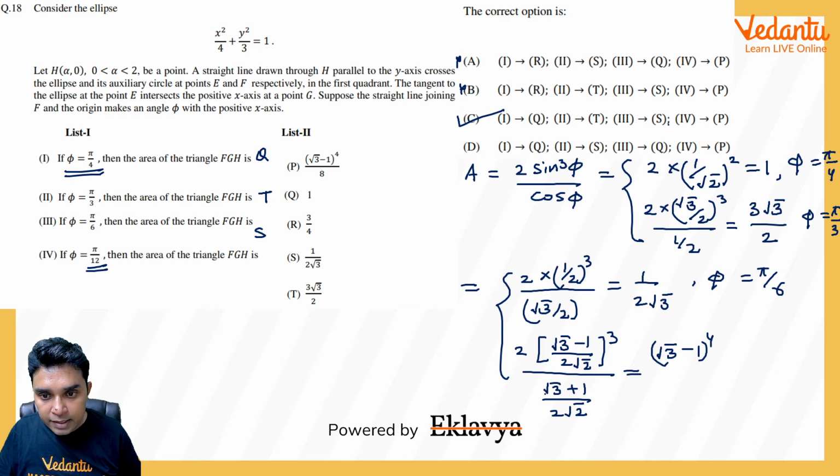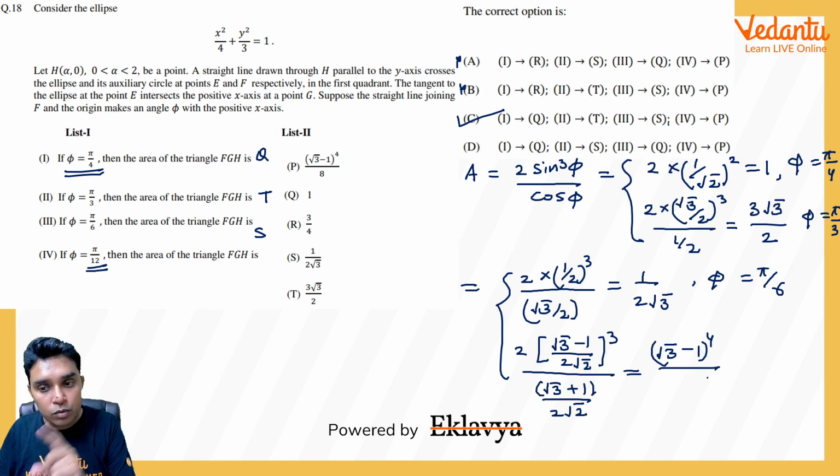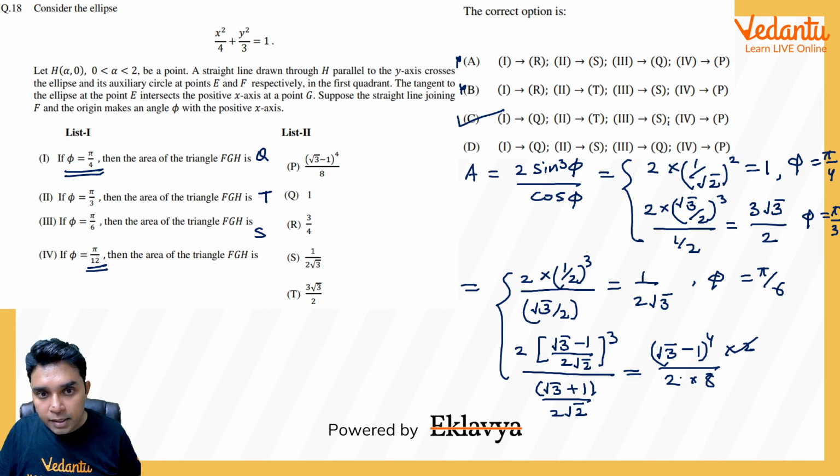I will rationalize this root 3 plus 1 by multiplying by root 3 minus 1. So it will become 2 here. One of this 2 root 2 will cancel. I think we will get 8 because of this, and this 2 is coming out because of this. So we will be getting (root 3 minus 1) whole power 4 upon 8. So for this the fourth answer will be P. So yes, for the fourth they have given P only.